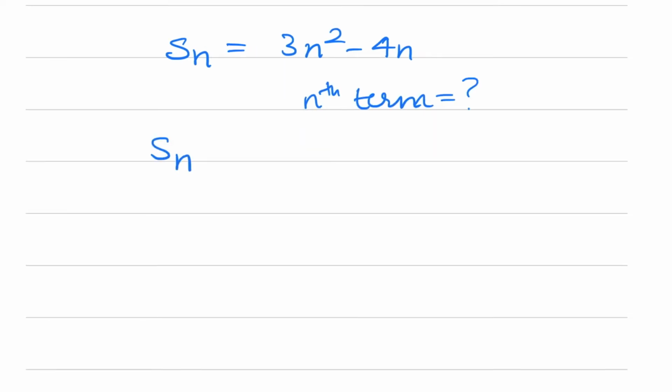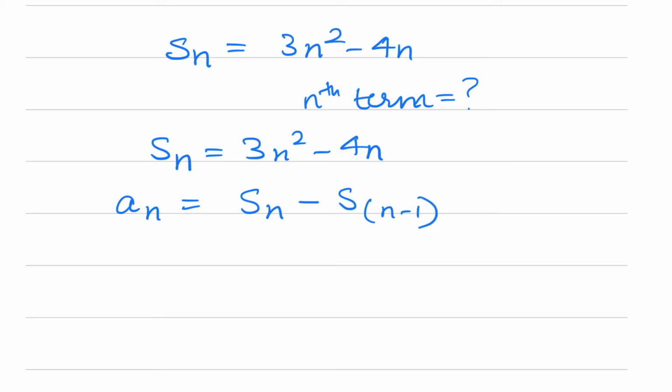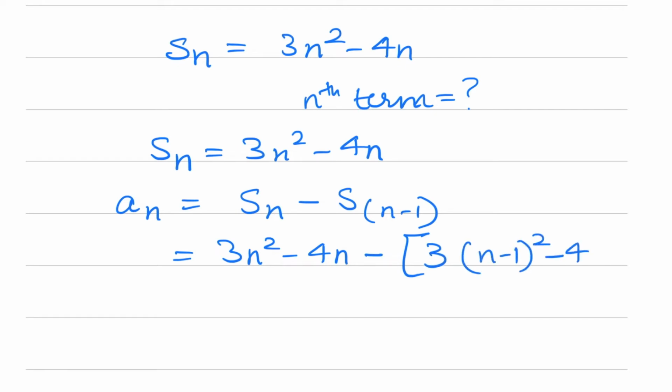Sum of n terms is given by 3n square minus 4n, and we know an or tn is Sn minus the sum of n minus 1 terms. Let's substitute now. Sn is 3n square minus 4n, and now I will write n minus 1 instead of n. So 3 into n minus 1 whole square minus 4 into n minus 1.